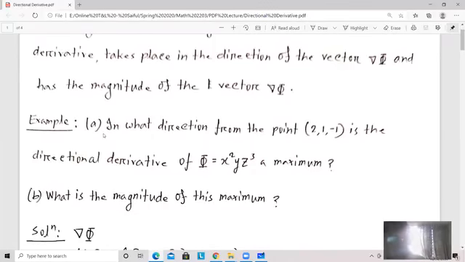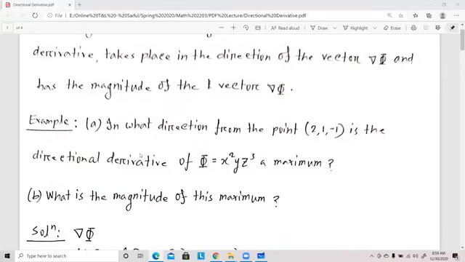First one: in what direction from the point (2, 1, -1) is the directional derivative of phi maximum? And number 2: what is the magnitude of this maximum?